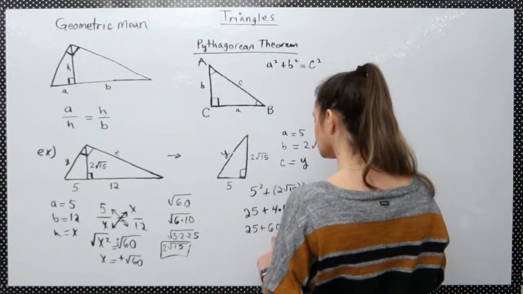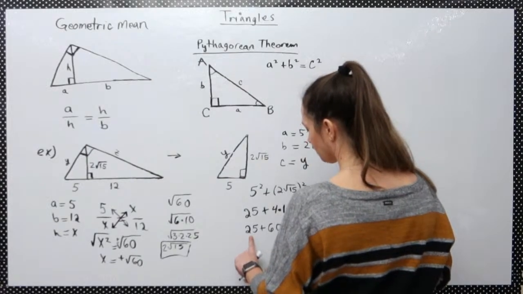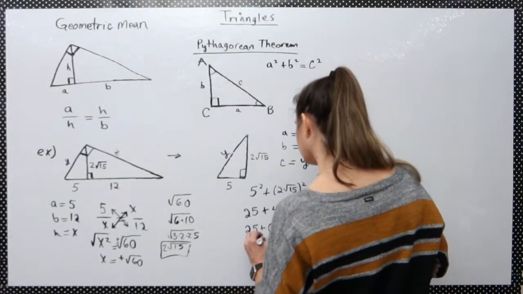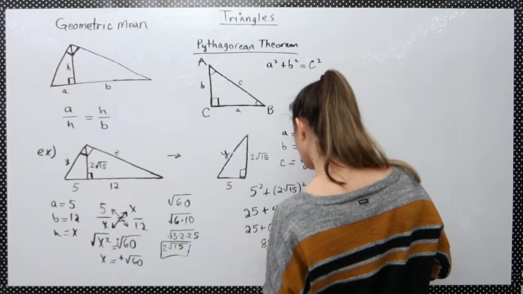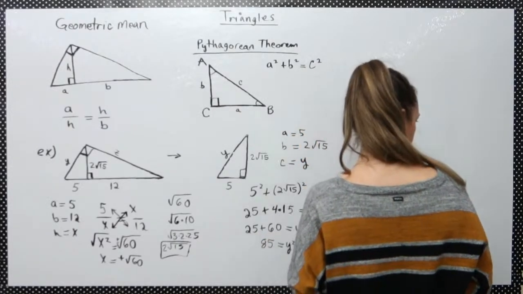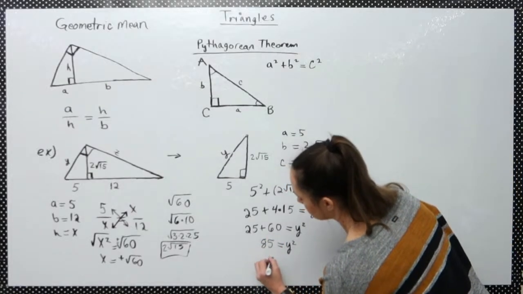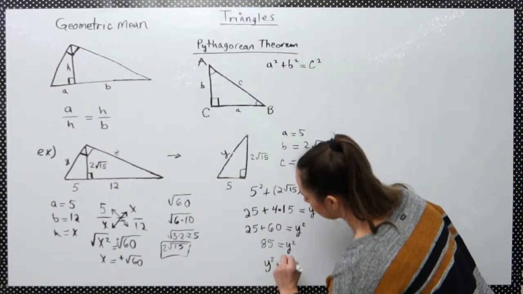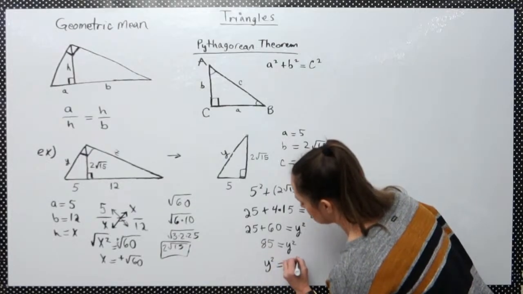And so 60 plus 25, that's 85 equals y squared. We'll switch it around because we like to see the variable on the left.